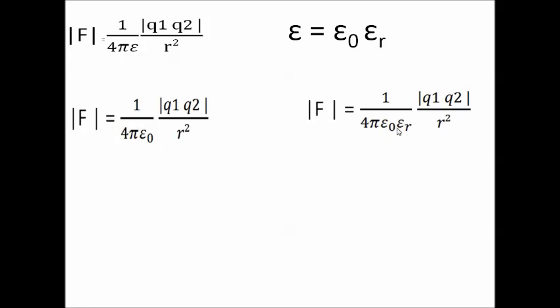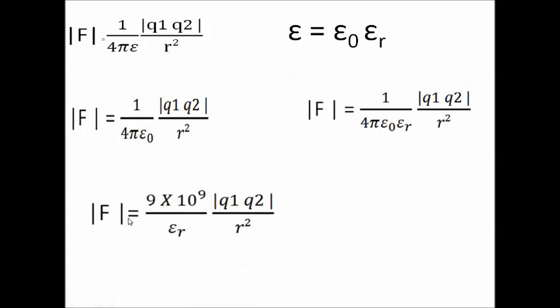And already we calculated the value of 1 by 4 pi epsilon 0, and we got that value as 9 into 10 raised to 9. So the equation can be written as F is equal to 9 into 10 raised to 9 divided by epsilon r, q1 q2 by r square. Instead of 1 by 4 pi epsilon 0, we can write 9 into 10 raised to 9.